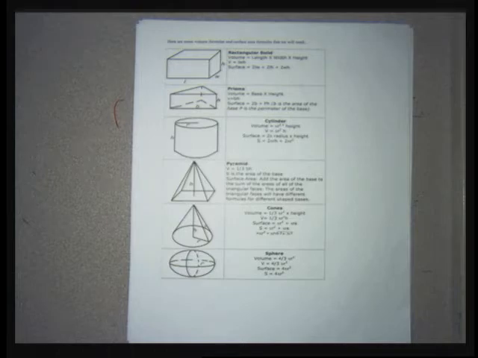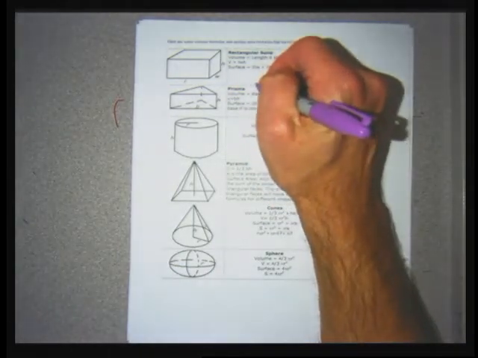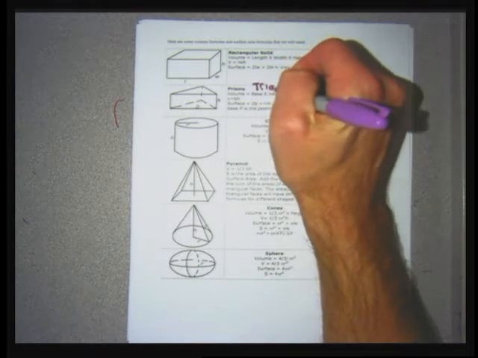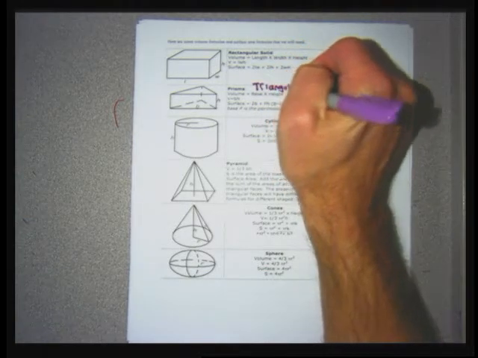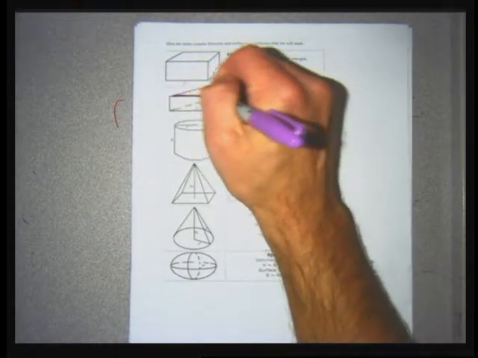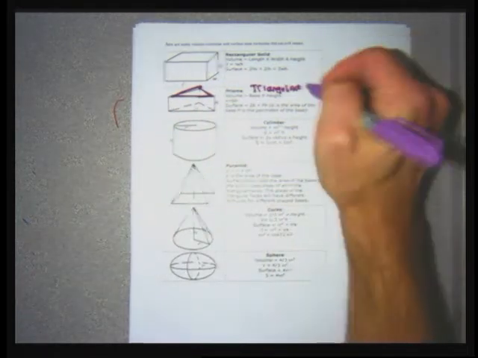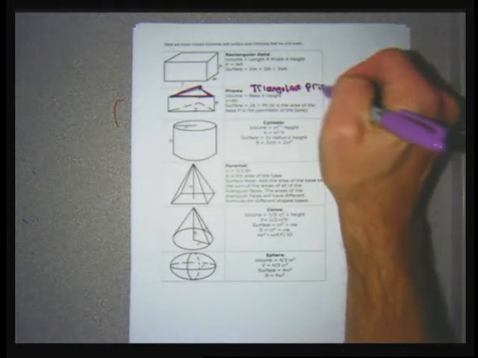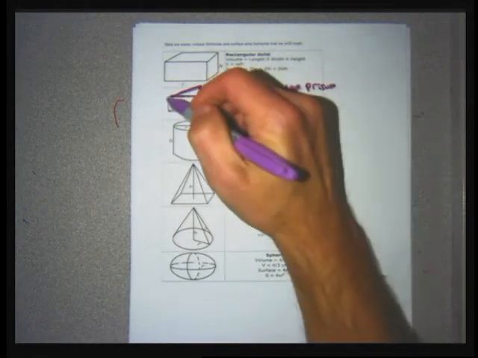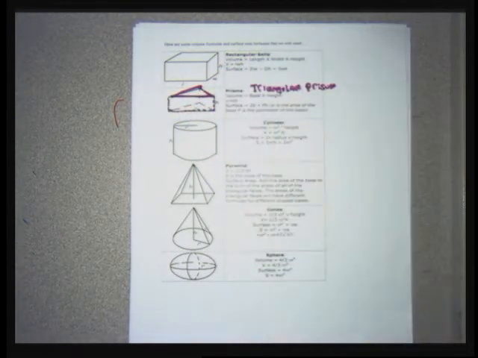So as I look at the objects, the second object is called a prism. What's pictured here is a triangular prism, because the base of this object is a triangle, and then the sides of this object, if you look at any of the sides, they're rectangles.